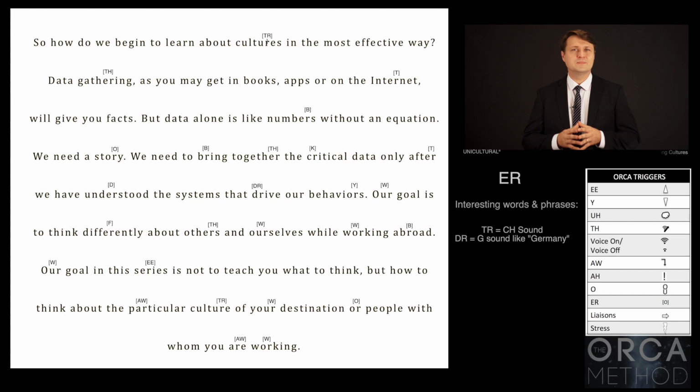Because TR and DR are part of what we call the TR-DR rule. Basically, anytime you see the letters TR in English, pretty much 99%, the sound will not be a T. It will be a ch. And do you have a ch in your language? Of course you do.